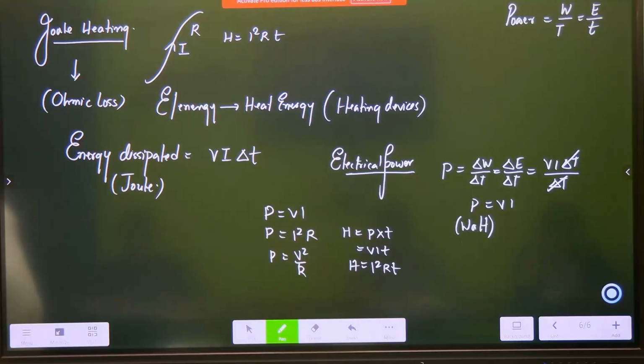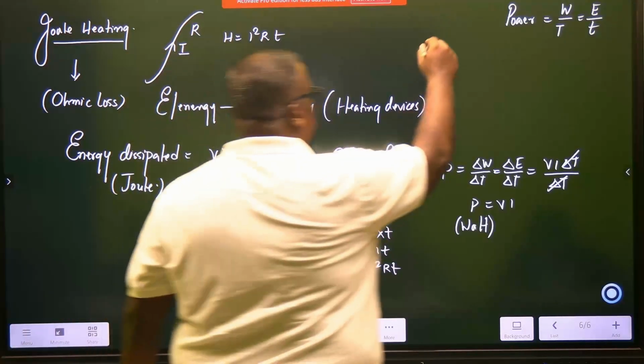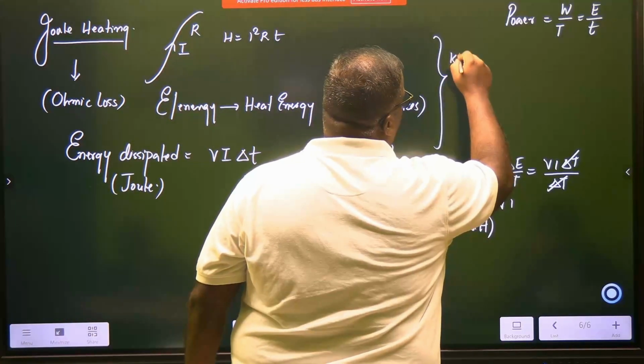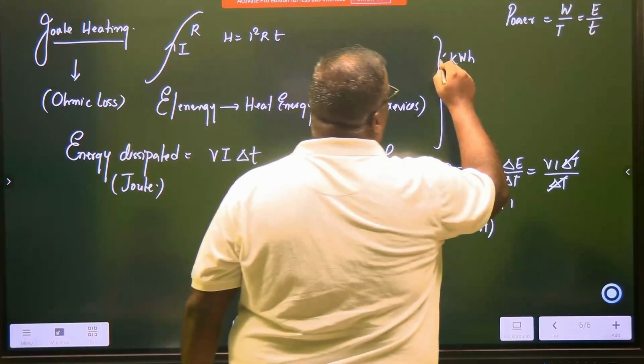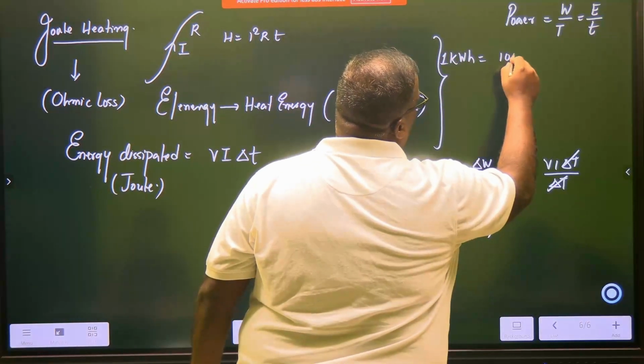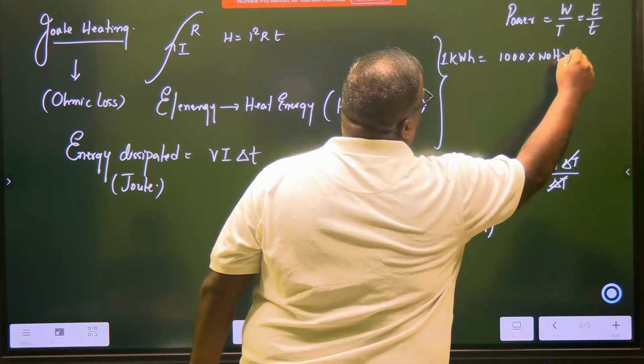kWh, you remember? Kilowatt hour. Commercial unit of energy. You want to revisit? We can revisit, though your course doesn't cover it. Commercial unit of electricity is kilowatt hour. So let's see what is 1 kilowatt hour. 1 kilowatt hour is 1000 watts into 1 hour.